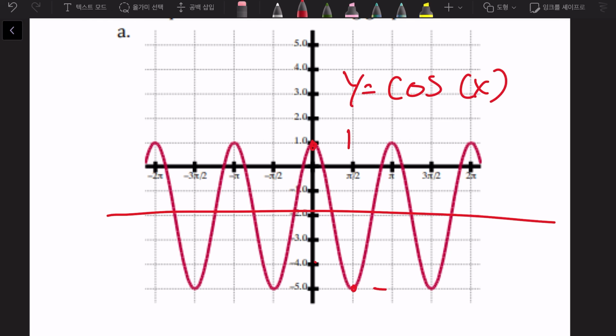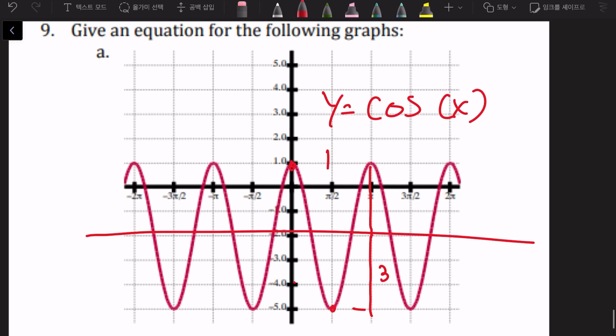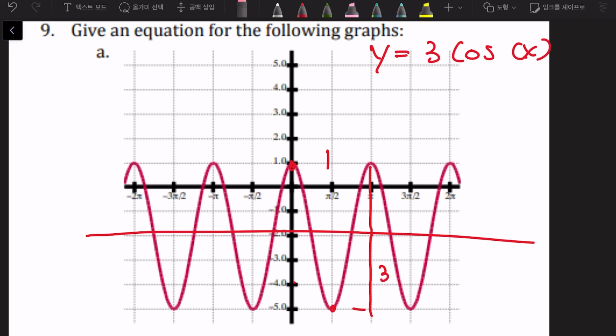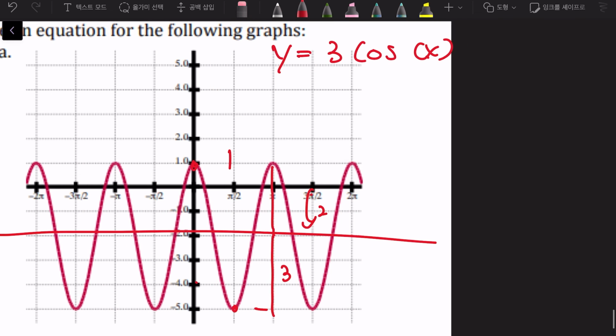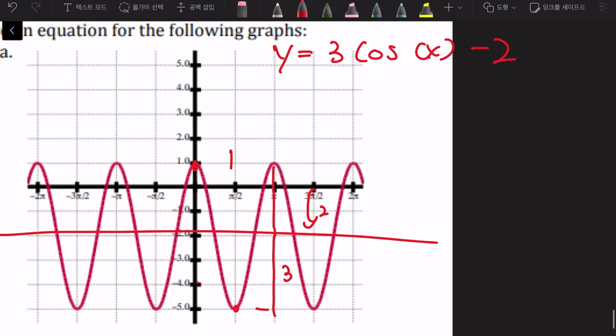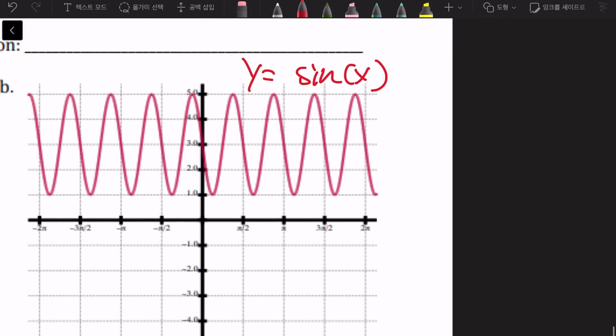So we see the amplitude is 3. So it means y equals 3 cos x, but you shift the middle line down 2, so it's minus 2. And that's it.